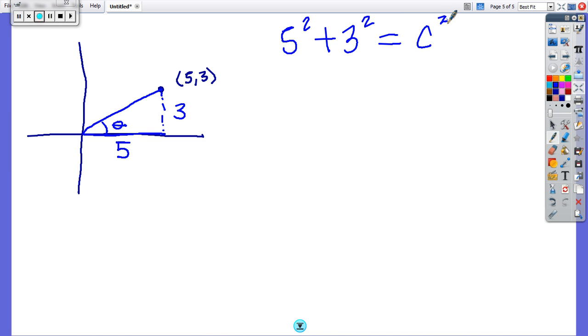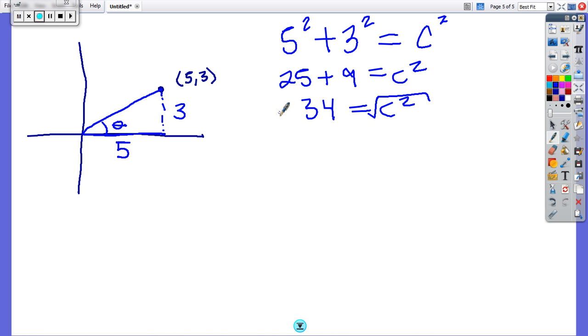Do c squared or x squared, whichever works for you. I'm going to get 25 plus 9 is c squared. And this is 34 equals c squared. If I take the square root of both sides, I get that this last side is equal to the square root of 34.